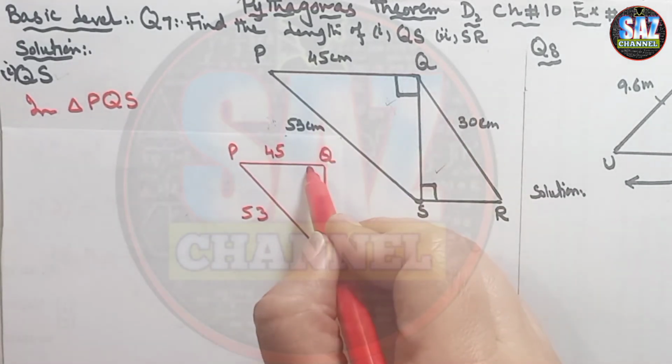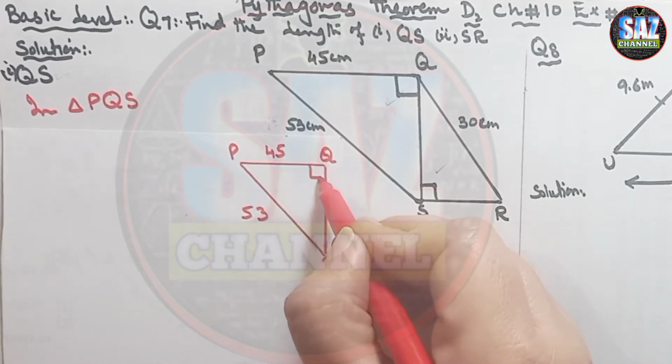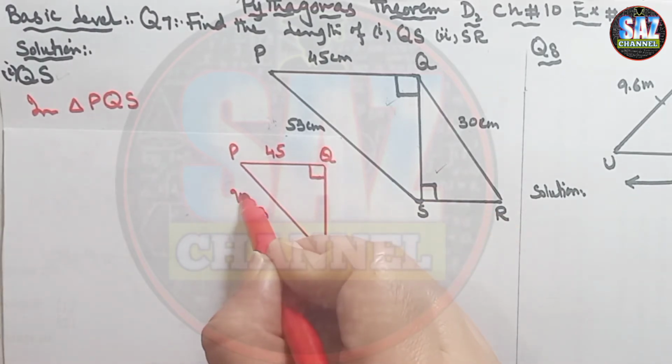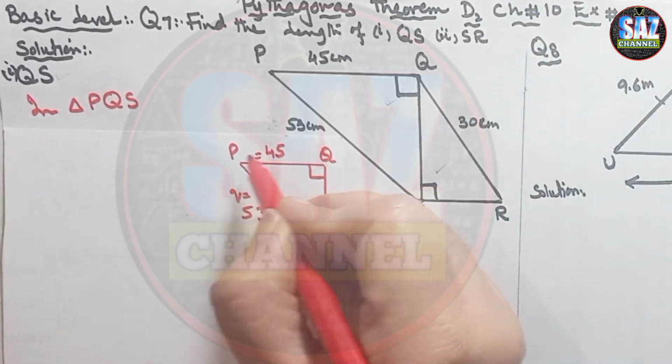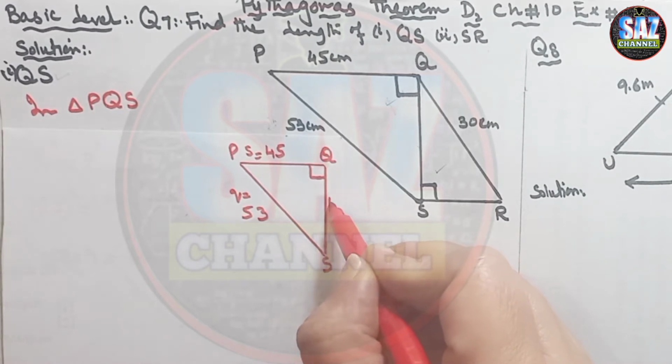Now here we have the 90 degree angle. The side which is opposite to 90 degrees is 53 and this is the hypotenuse, and we can label it as q. And now this is s, which is 45, and we have to find QS length, which can be marked with the letter p.